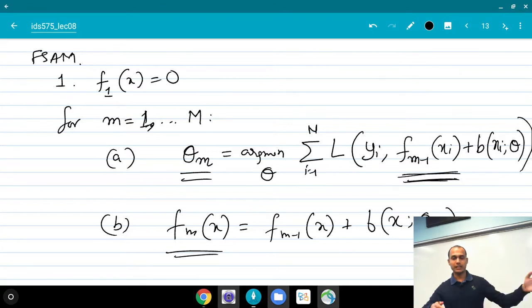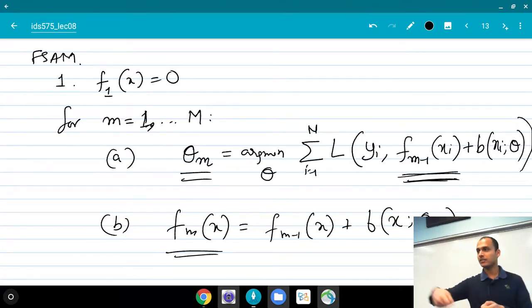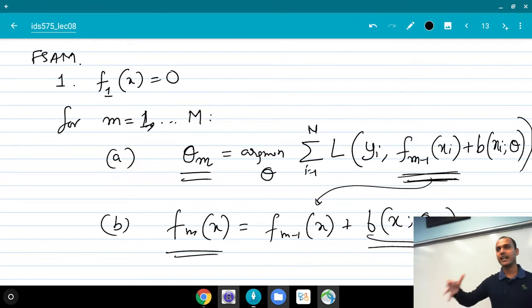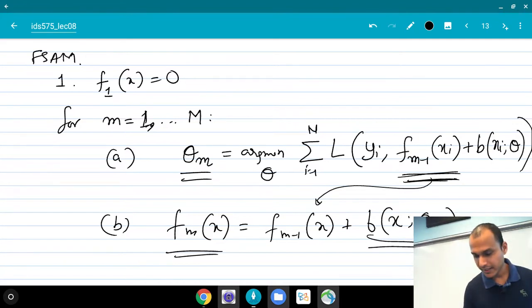It's like an addition of all the predictions of the previous m minus 1 models. It's getting updated once I figure out the mth stage best model. I add it to fm minus 1 and I get fm. So fm is not really an average, it's the sum of all these stage-wise models.